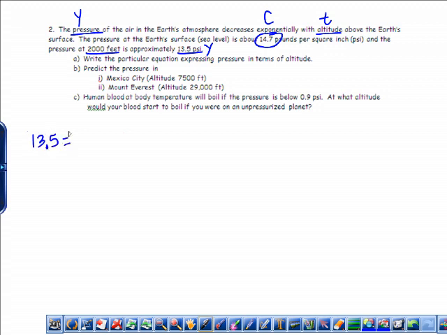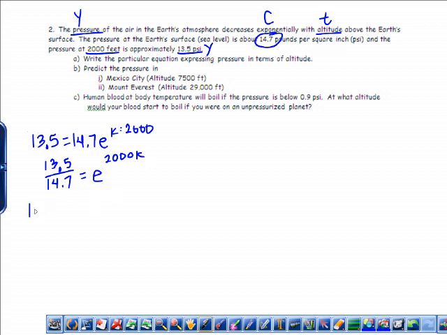So we have 13.5 equals, the initial value was 14.7, e to the power of k times, not t, but altitude, so times 2,000. Okay, so again, we solve this by dividing by 14.7, so we have 13.5 divided by 14.7 equals e to the power of 2,000k.